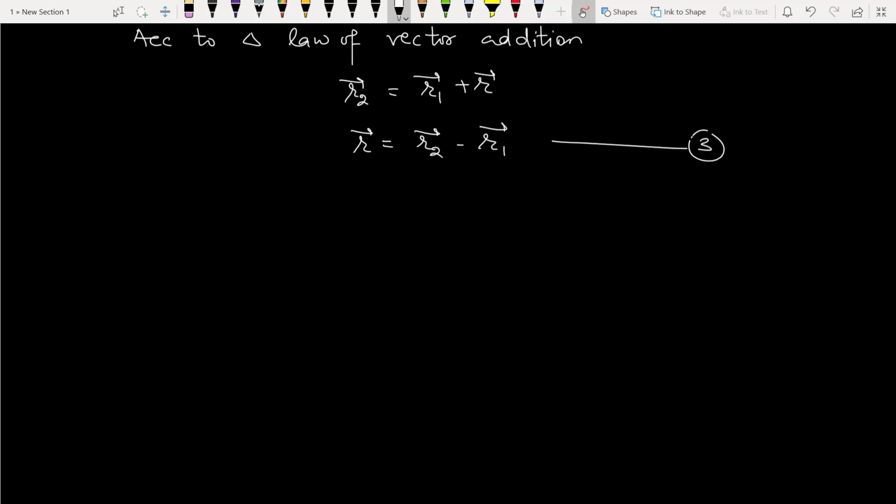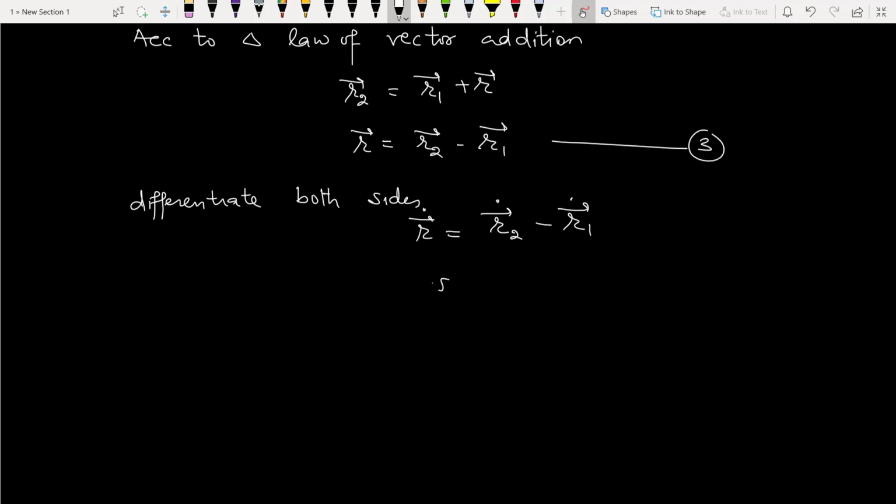When we differentiate both sides, r dot is r2 dot minus r1 dot.